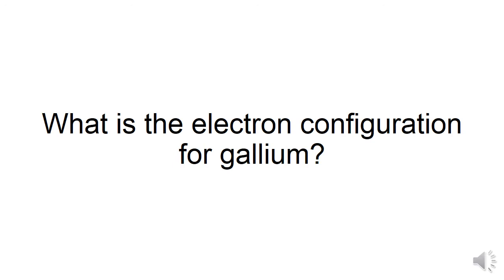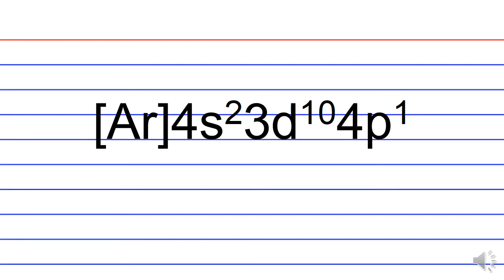What is the electron configuration for gallium? Remember previously I said it's a p block element, so the valence electron has to be in the p orbital. Let's see what it is. The core is the same as argon.